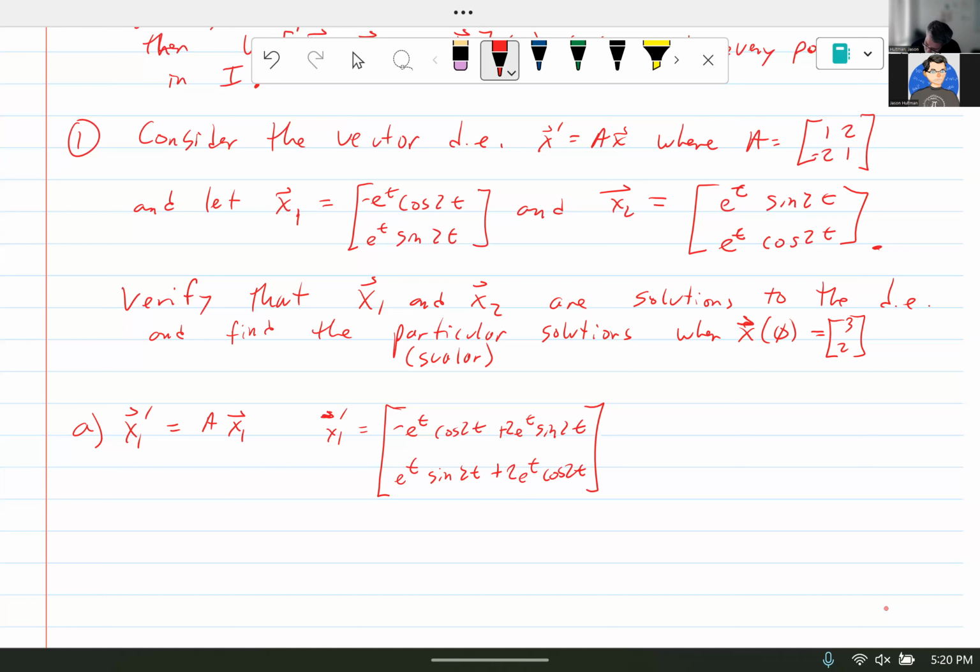Does this equal A, which is 1, 2, negative 2, 1, times x1? And x1 was negative e to the t cosine 2t, e to the t sine 2t.